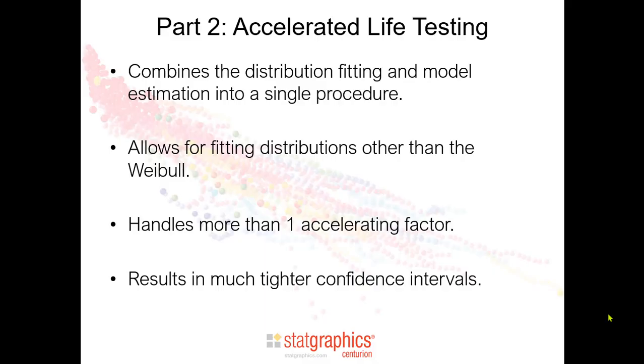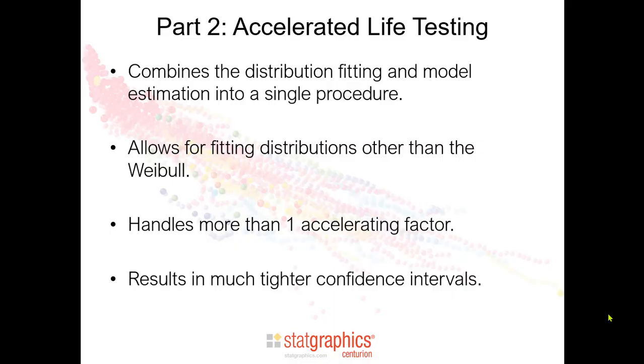This ends part 1 of accelerated life testing. In part 2, we're going to look at a new procedure that was added to Statgraphics recently. It's actually under the Relate Life Testing menu. What it does is combine the distribution fitting and model estimation steps into a single procedure.